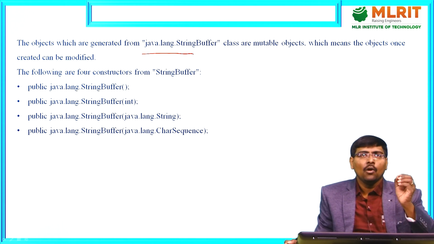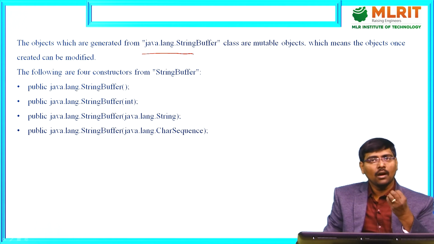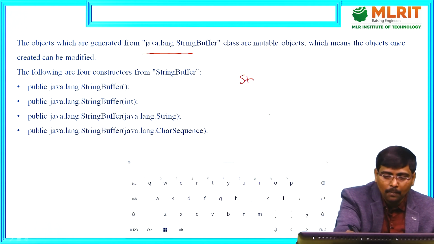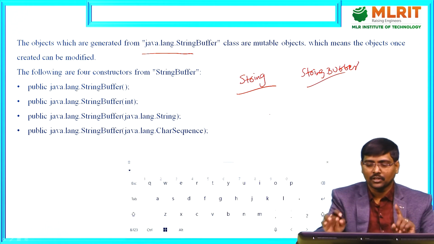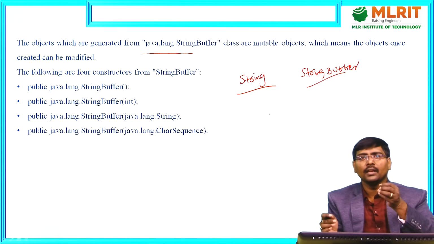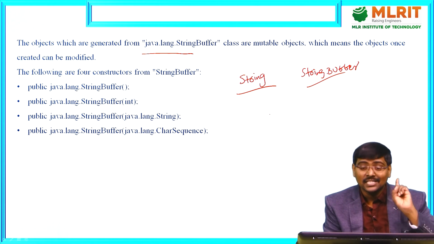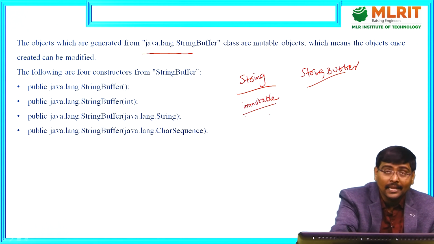First of all, what is the difference between creation of a string object from the String class and the StringBuffer class? The first difference is, if you are creating a string object by using the String class, the objects are immutable.